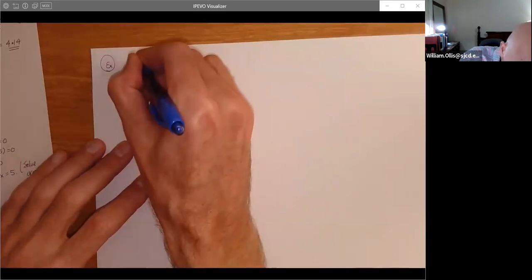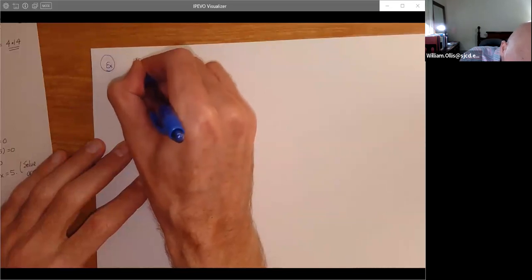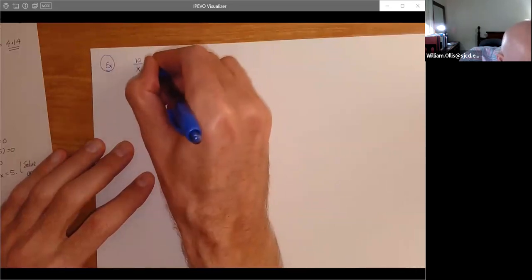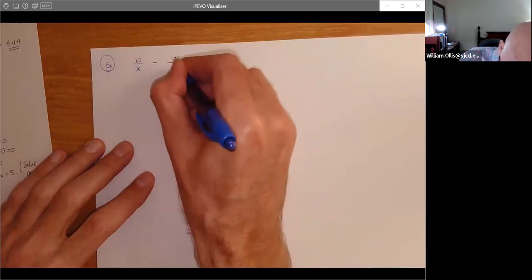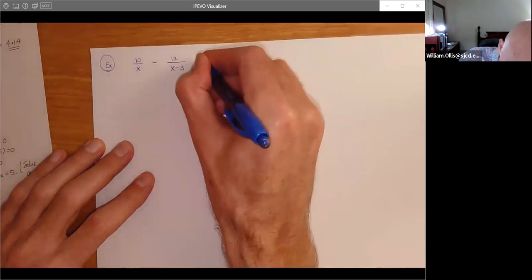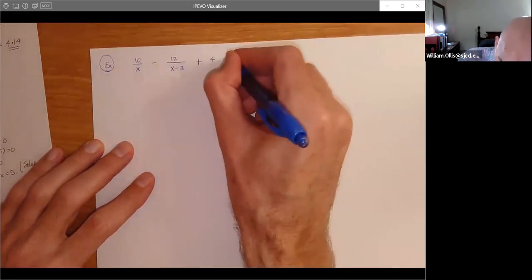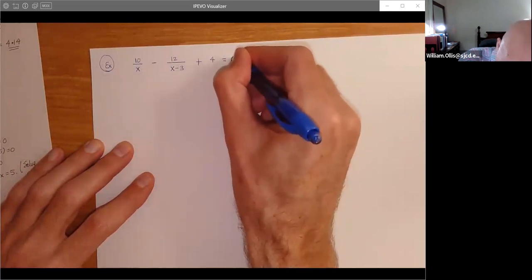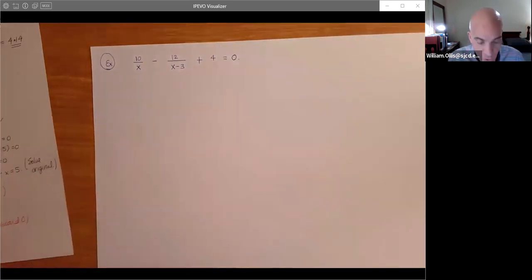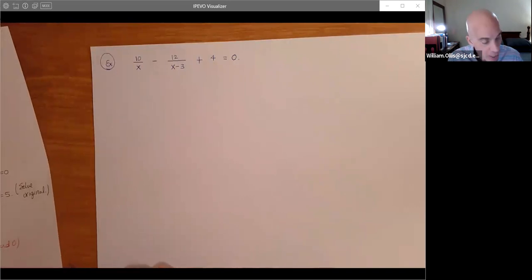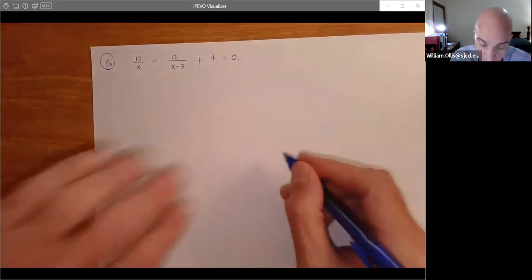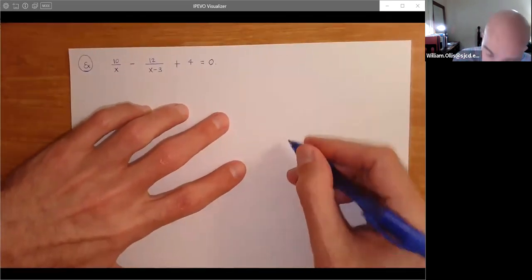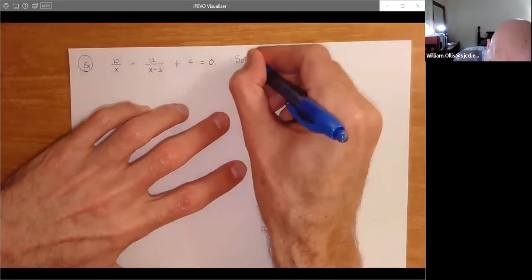We have 10 divided by x minus 12 divided by x minus 3 plus 4 equals 0. And the directions are to solve in R.